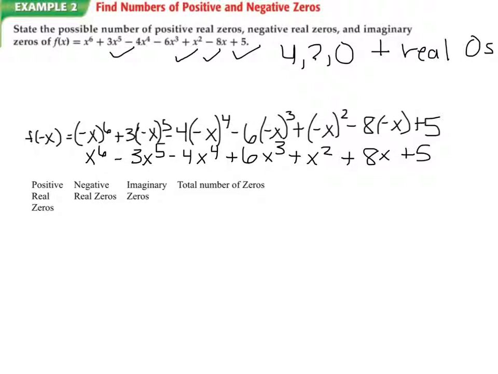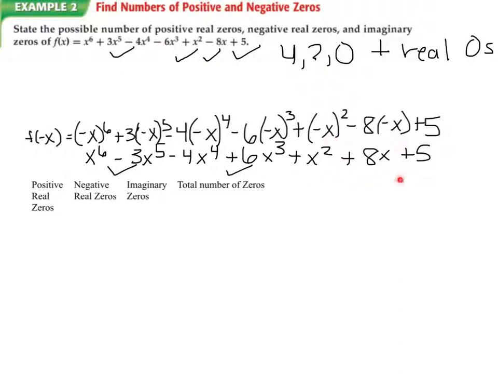And we want to go ahead and count the number of changes that there's going to be here. So here we go from positive to negative, so that's going to be a sign change. I'll put a check mark. Then we have negative 3x to the 5th, negative 4x to the 4th, no sign change. Negative 4x to the 4th, positive 6x to the 3rd, another sign change. Then 6x to the 3rd, positive x squared, no sign change.